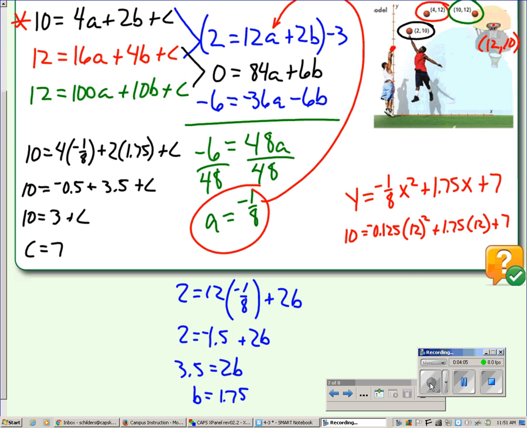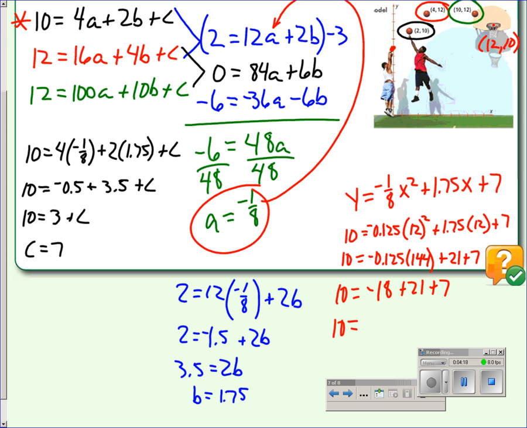Okay, so I had my coordinates backwards, so y is 10 and x is 12. So then we do the math here, and we get 3 plus 7, which equals 10. Since the left side of the equation equals the right side of the equation, we can predict that the ball will go through the hoop.